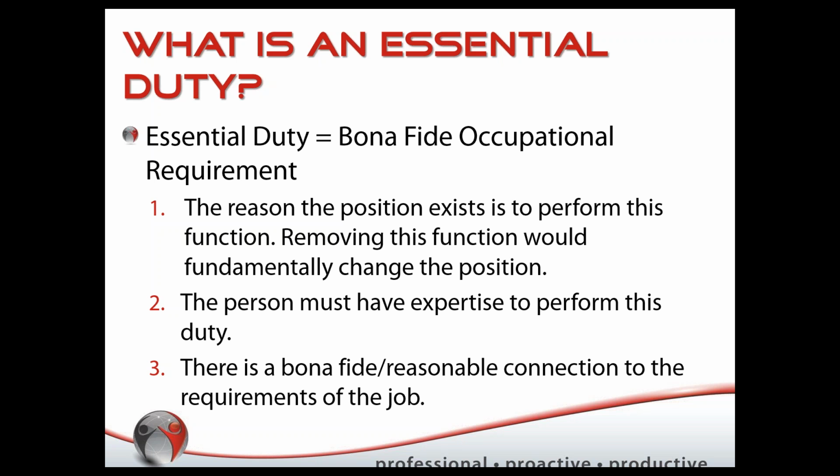And the third one is to establish a reasonable necessity. So what you want to do is ask, is it reasonably necessary for that? I'm just trying to think of an example here. You want to consider all reasons for accommodation.